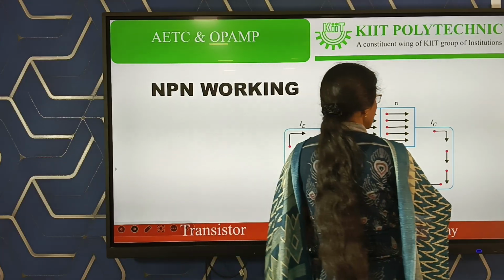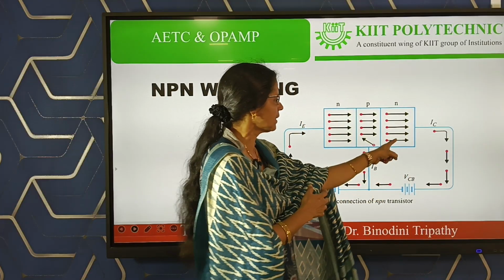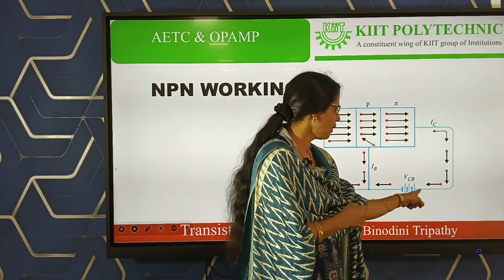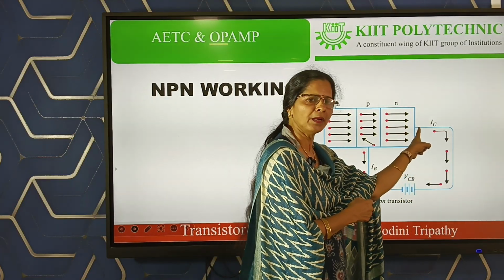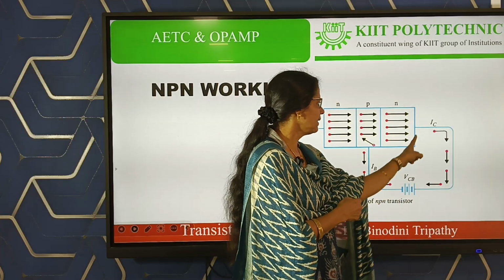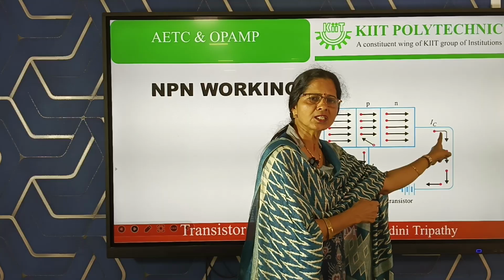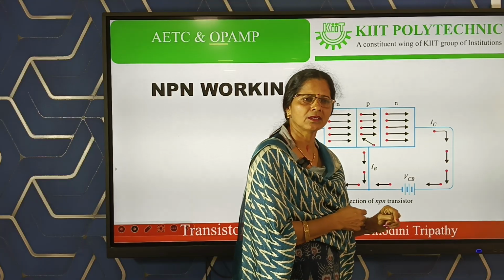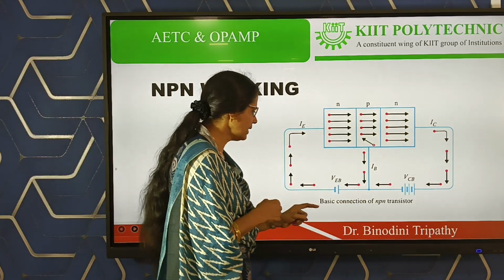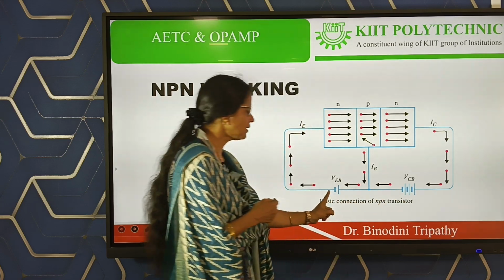Because your collector is strongly positive, the collector terminal is getting a strong positive supply from VCB. This positive will attract all the free electrons towards the last end of the collector. Practically, this voltage is greater than this voltage.